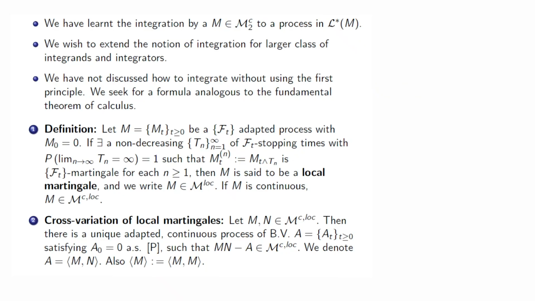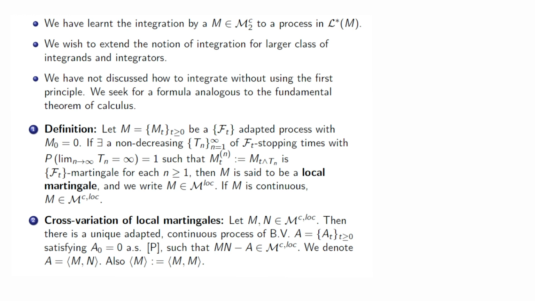This condition comes straight from the generalization of the Doob-Meyer decomposition. There we had M squared equal to a square integrable martingale plus a bounded variation process. Here we cannot expect square integrability, so we are just asking that the difference is a continuous local martingale.